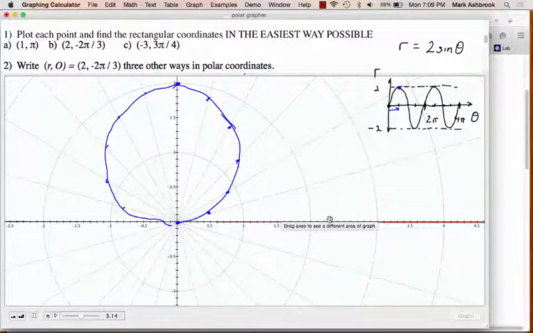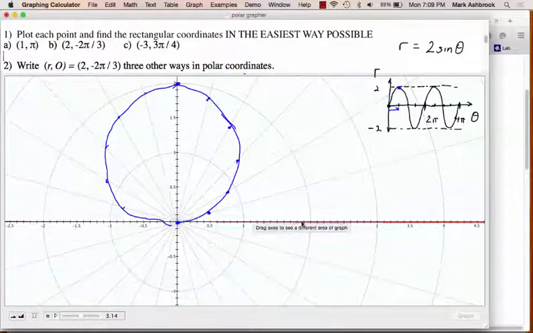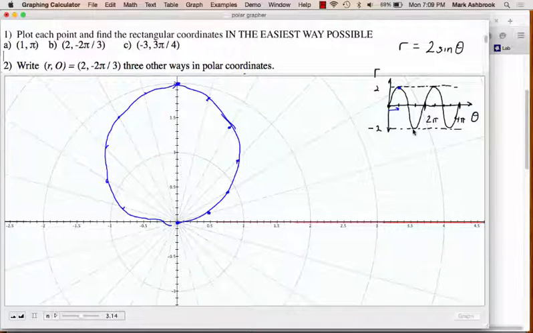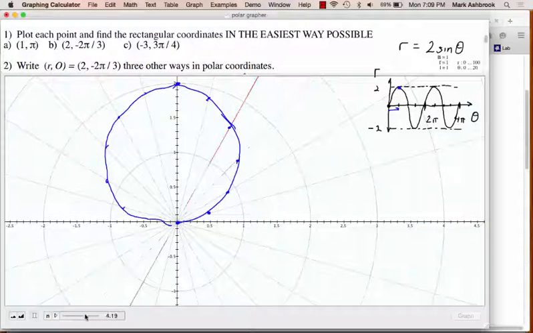Okay, now, third quadrant. We're going to go from pi to 3 pi over 2. As we go from pi to 3 pi over 2, what does r do? It goes from 0 to negative 2. Oh no. Now, look, all those r values are negative. So we're going to rotate through the third quadrant, but all the r values are going to be negative, down to negative 2.